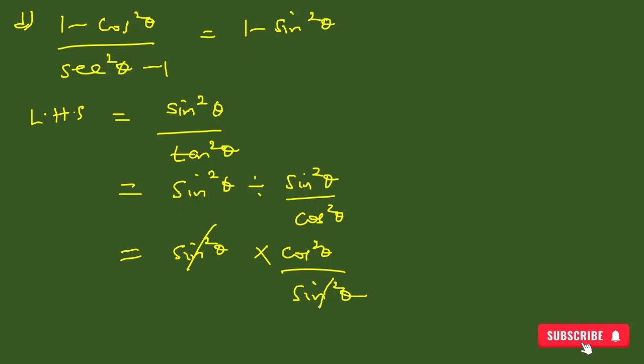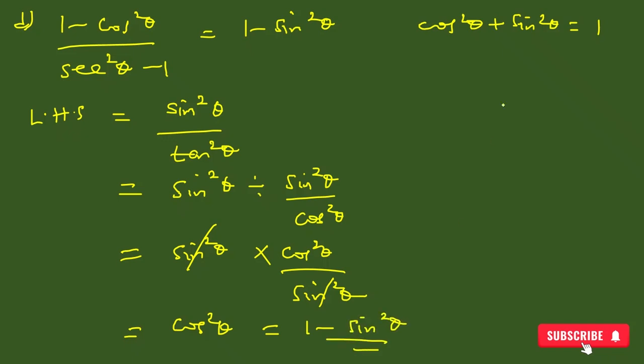So the sine squared reduces with this, and we remain with cos squared theta. But we know from this identity, cos squared theta plus sine squared theta equals 1, if we make cos squared theta the subject, it gives us 1 minus sine squared theta. So from this, we end up with this, and it's proved.